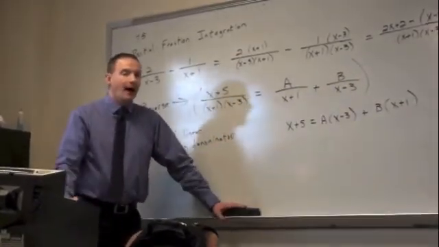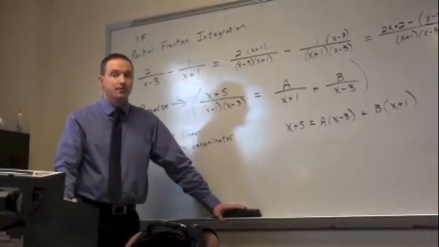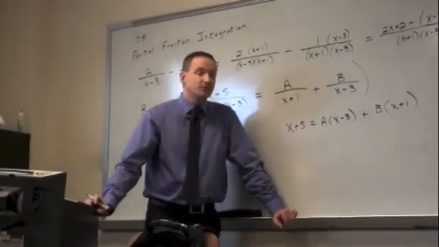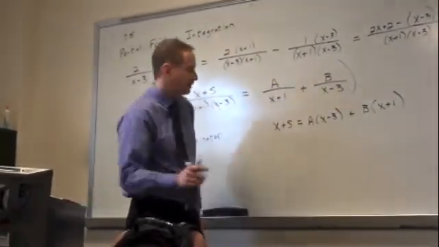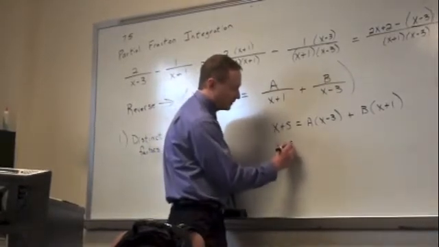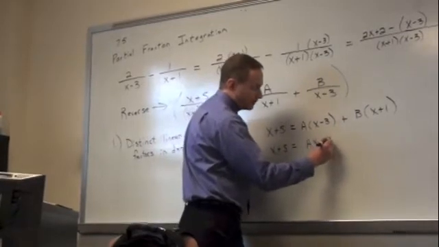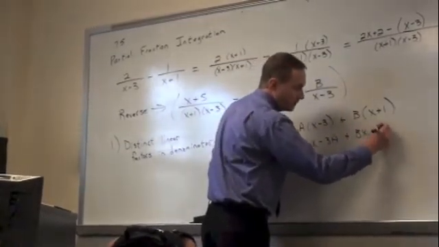Okay, now I'm going to do the official solution to this problem, and then I'm going to show you my nice little shortcut. So the official solution is to go ahead and multiply out on the right-hand side. You'll have x plus 5 is equal to ax minus 3a plus bx plus b.